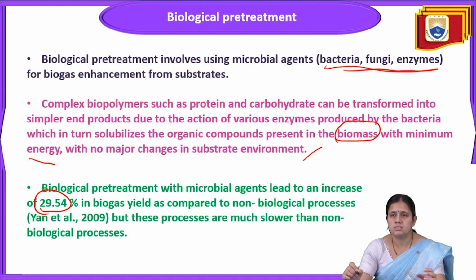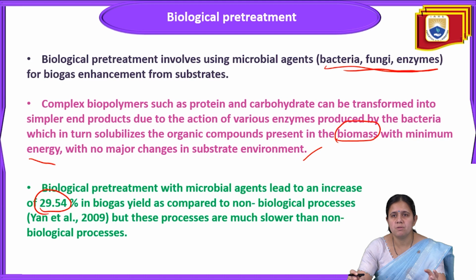So this biological pretreatment is very useful when we compare it with physical or chemical treatment, because biological treatment uses microbial agents like bacteria, fungi and enzymes for the enhancement of biogas.